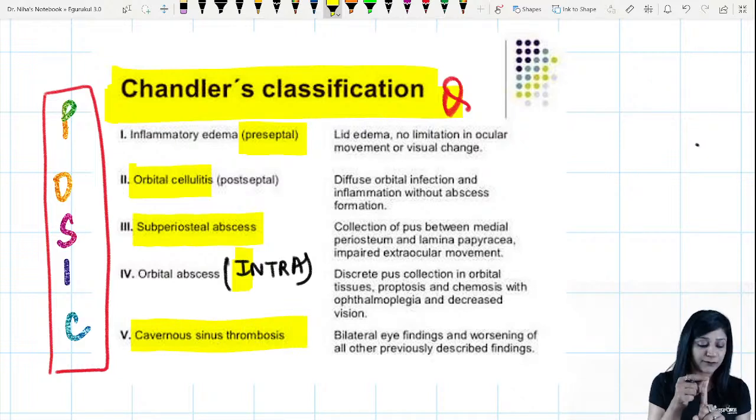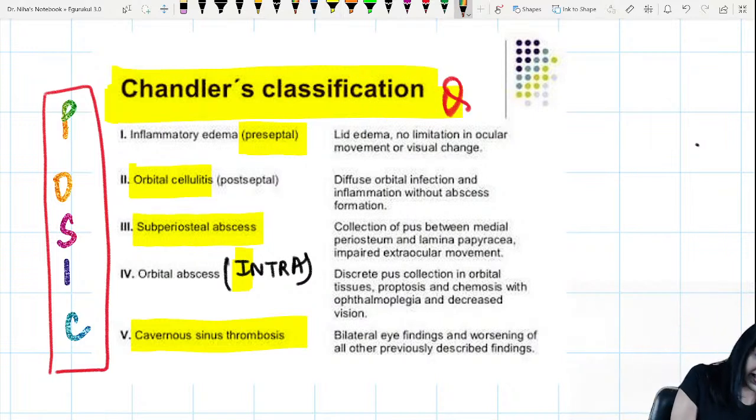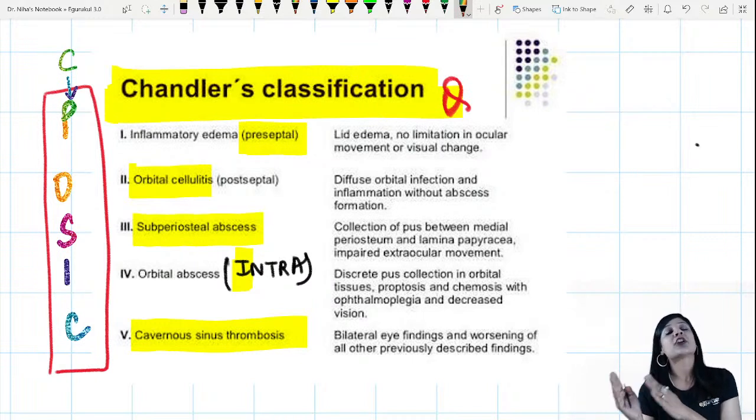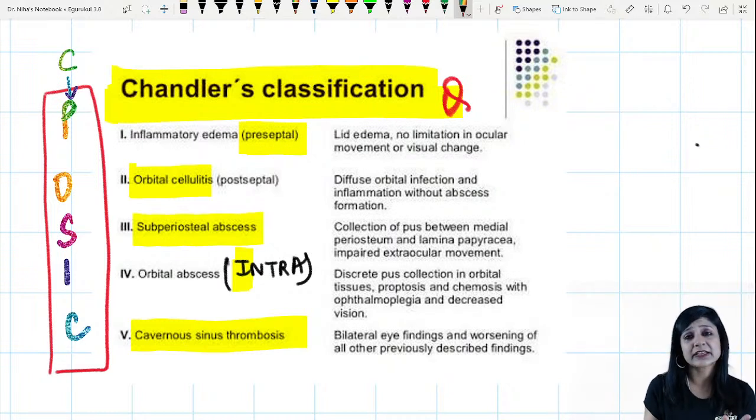So C for the Chandler's classification. So you can learn it as C POSIC. C for Chandler's classification, P for preseptal cellulitis, O for orbital cellulitis, S for subperiosteal abscess, I for intraorbital abscess, and C for cavernous sinus thrombosis. So it will start with C and end with C, C POSIC. Okay, with that we can remember.